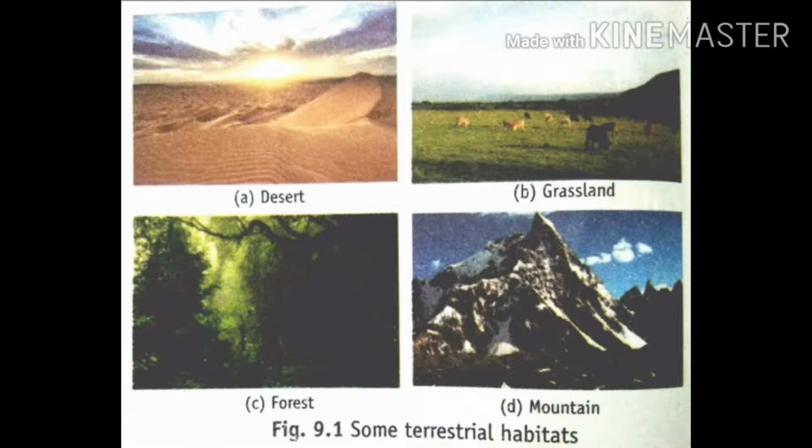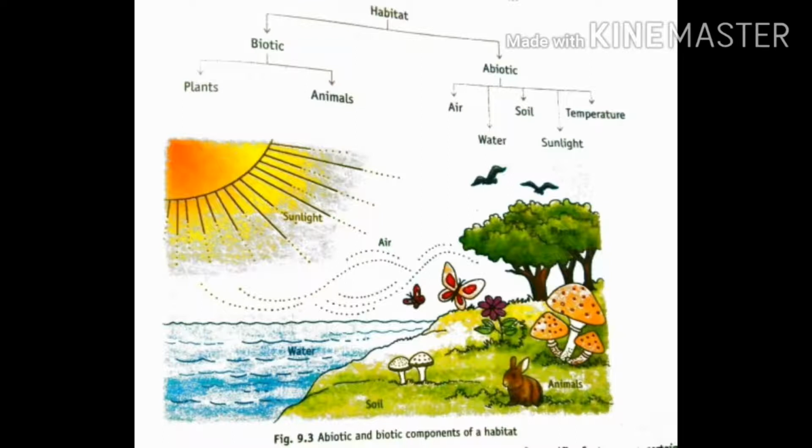Next one, components of habitat. A habitat contains two main components, biotic and abiotic components. What are biotic components?